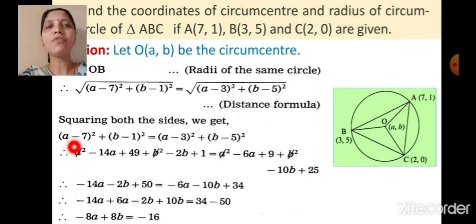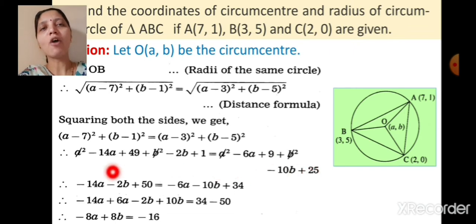Therefore, now here we have to use the formula of (a minus b) whole square. So you will get a square minus 14a plus 49 plus b square minus 2b plus 1 is equal to, open this bracket, you will get a square minus 6a plus 9. For this bracket you will have plus b square minus 10b plus 25.